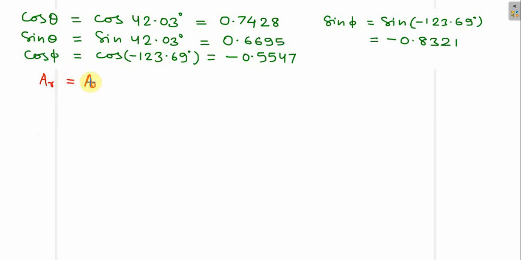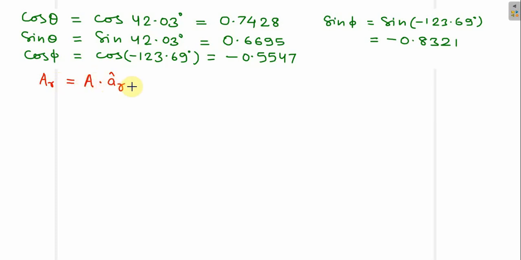AR equals this A vector that is given in Cartesian, dot this ar. If we want any vector in a particular direction, let's say in r direction, we need the dot product of that vector along that r direction.